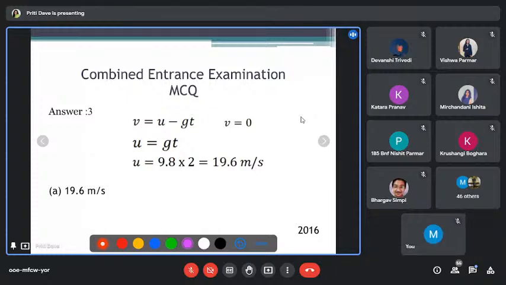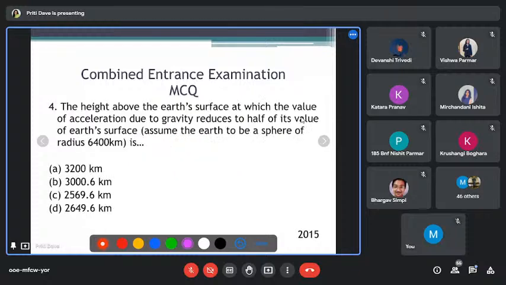This is 2016. Now, chalo, this is 2015. I did not find 2020 ka paper. So 2015 again you have. Can somebody tell me what does it say? The height above Earth's surface at which the value of acceleration due to gravity reduces to half its value on Earth's surface.